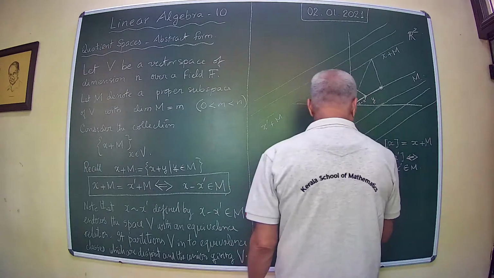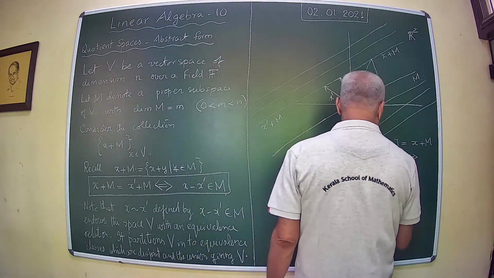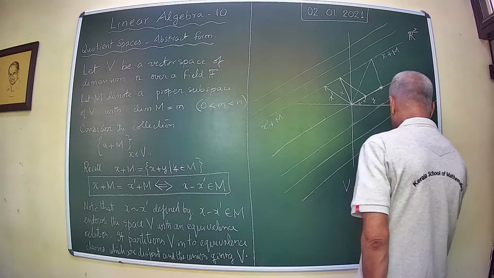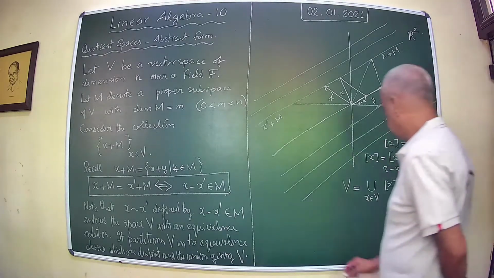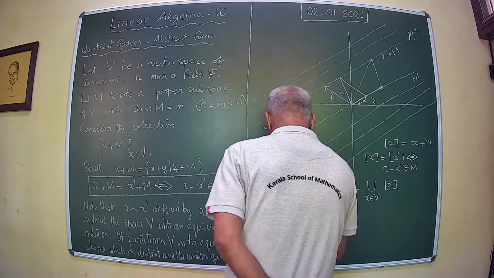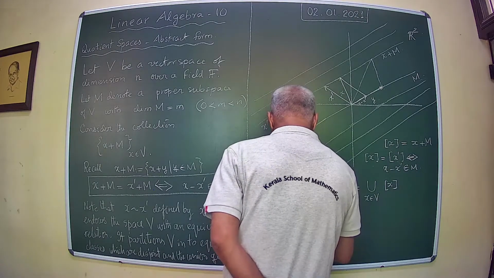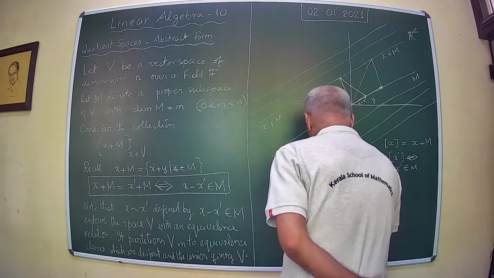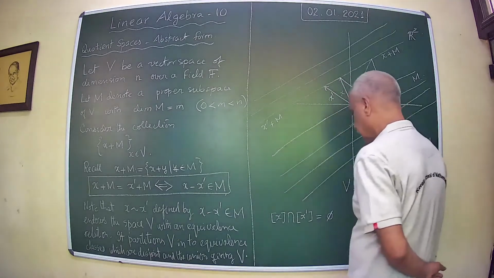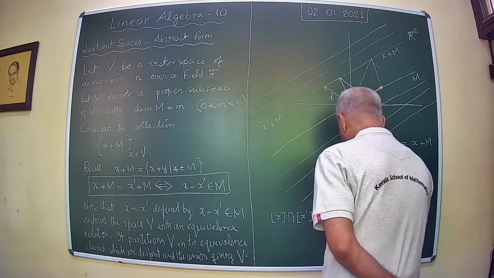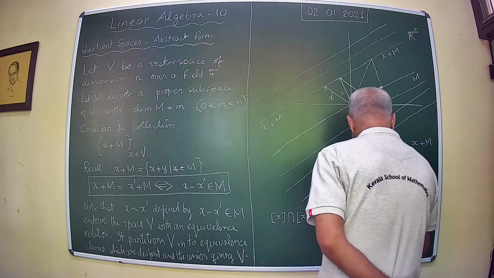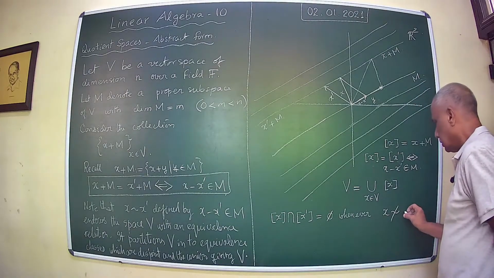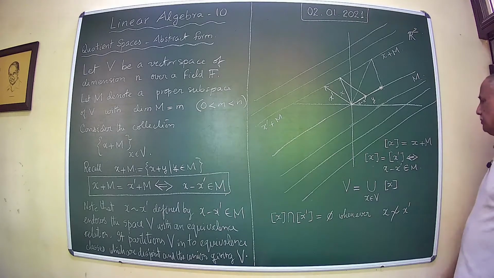So what you have is that V is essentially equal to the union over x belonging to V of the brackets, and you see that bracket x intersection bracket x prime is empty if x is not related to x prime in the sense in which we have defined it earlier.